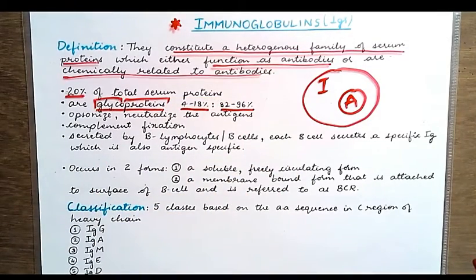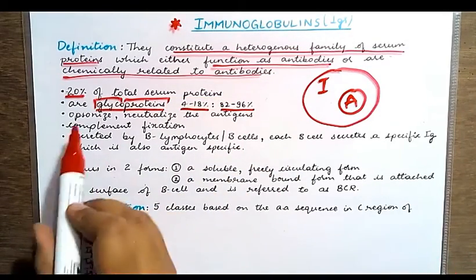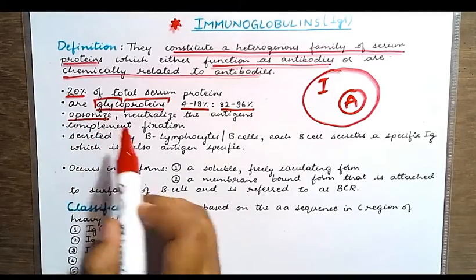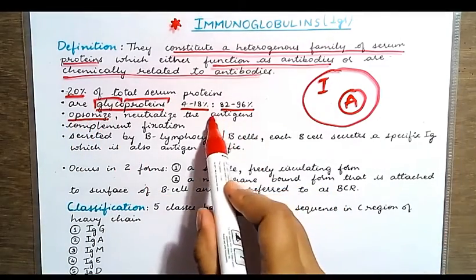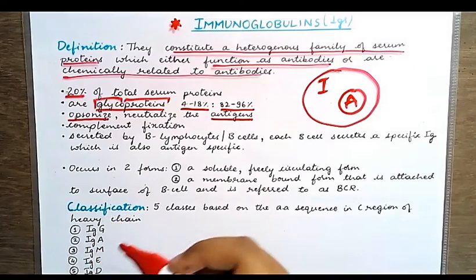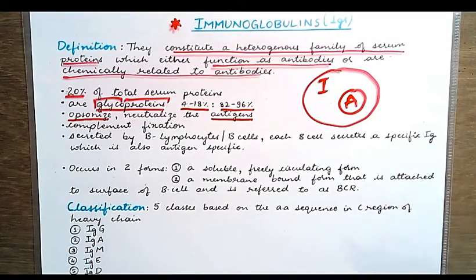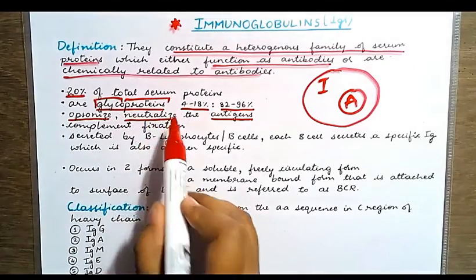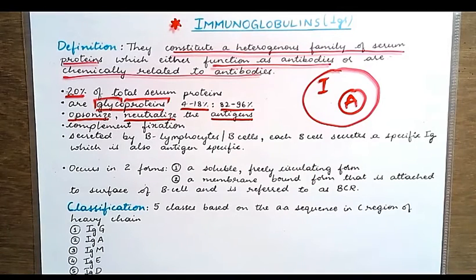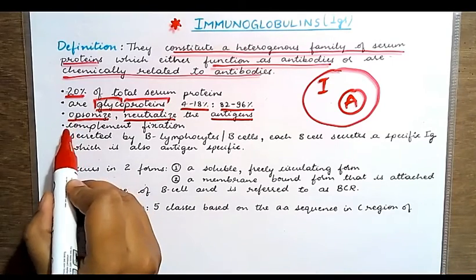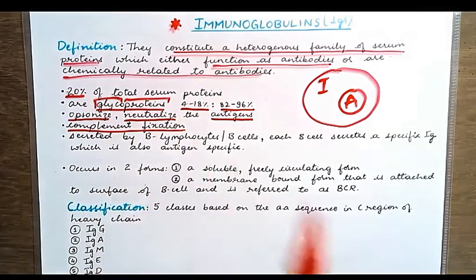They help to opsonize and neutralize the antigens. Opsonize means they help the body to recognize antigens as foreign particles and further act upon it. And neutralize is they see to it that the antigens do not cause any harm to the host by blocking its receptors and other mechanisms which we'll be learning later. And they help in complement fixation.